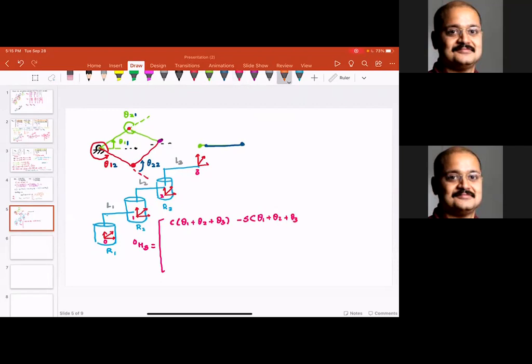Same thing here, sine theta 1 plus theta 2 plus theta 3, cosine theta 1 plus theta 2 plus theta 3, 0, 0, 0, 0, 1, 0, 0, 0, 1. And here you are gonna get some numbers. I mean, you will get an expression here, here, and here, and I will write it down in just a second.